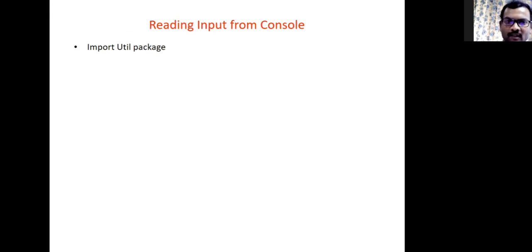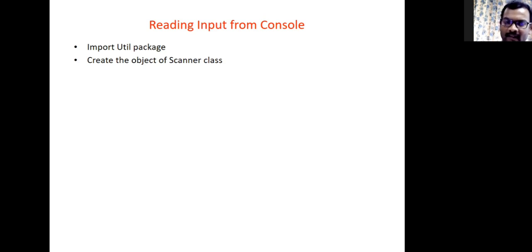The reason we are using the util package is that within it there is a class called Scanner. Within this class there are certain methods to read values from the console. After importing the util package, the next thing is we need to create an object for the Scanner class. These are all predefined classes in Java.